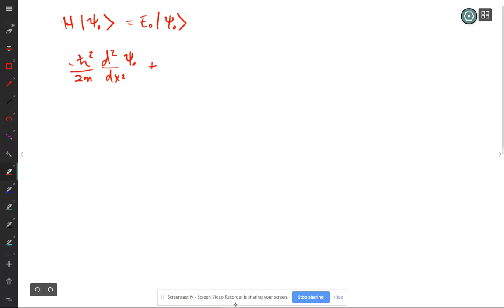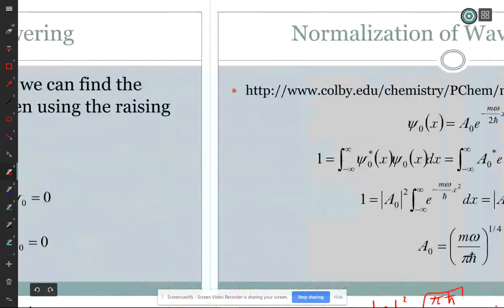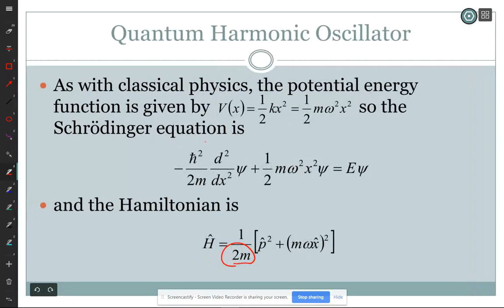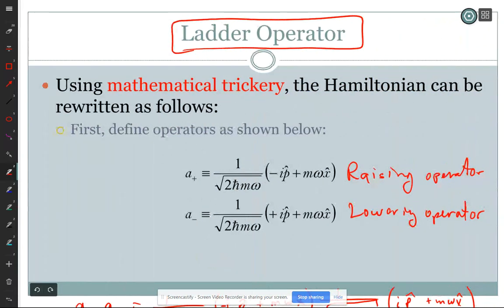plus, okay, I got to go back. I don't remember. Putting it in terms of plus 1/2 m omega x squared.